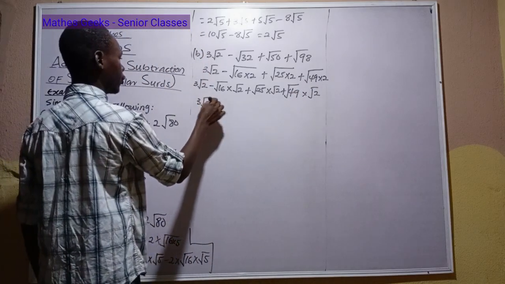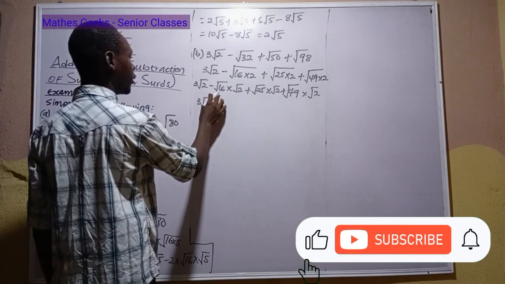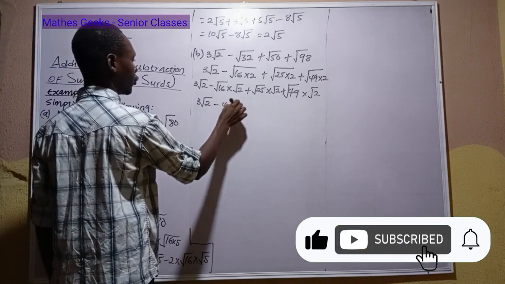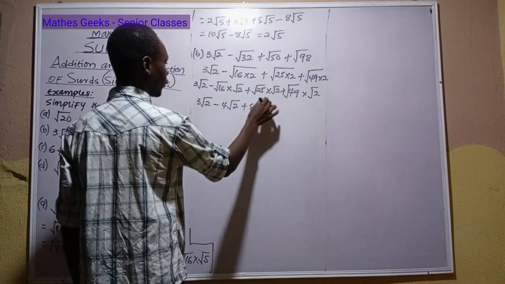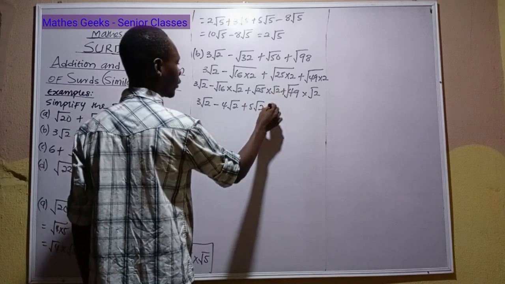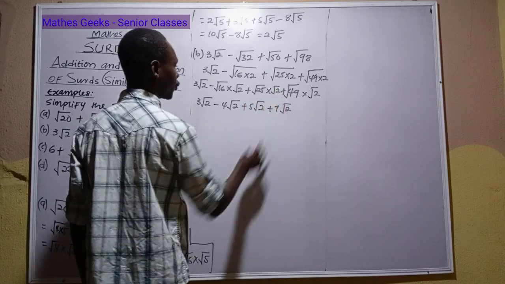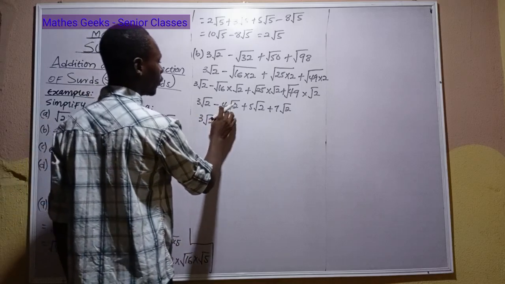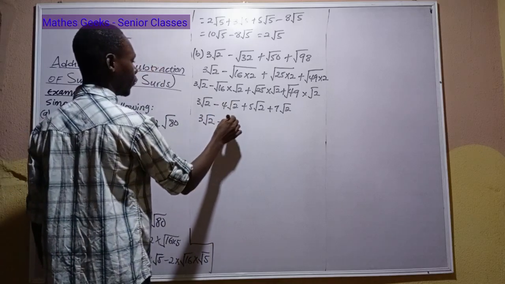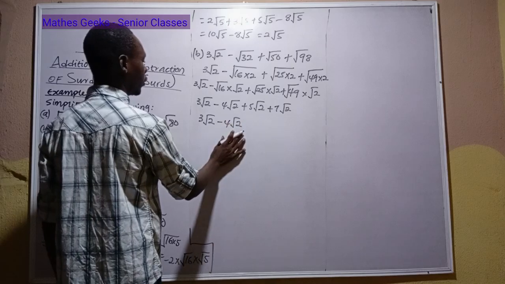Root 16 is 4 root 2, root 25 is 5 root 2, root 49 is 7 root 2. So 3 root 2 minus 4 root 2.